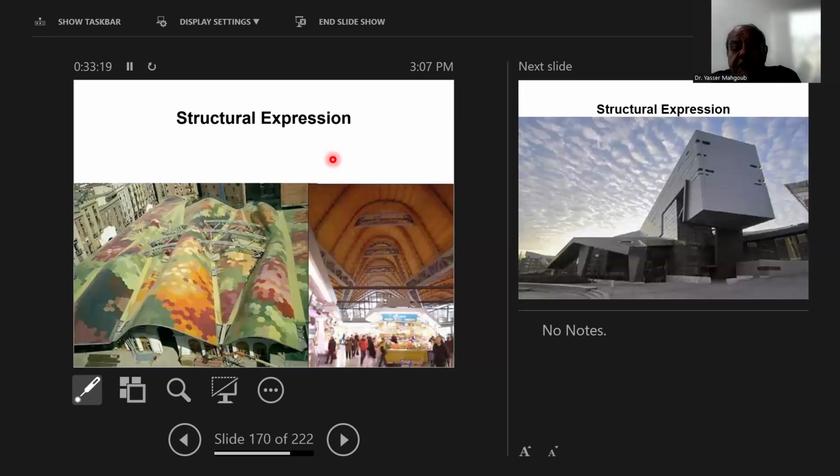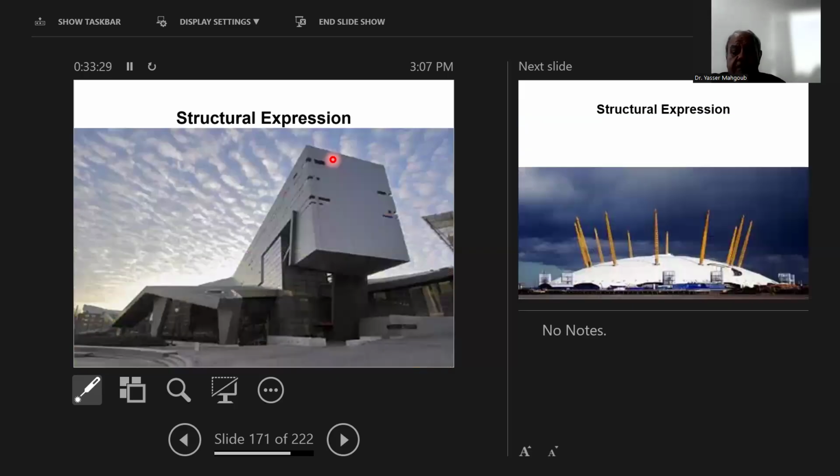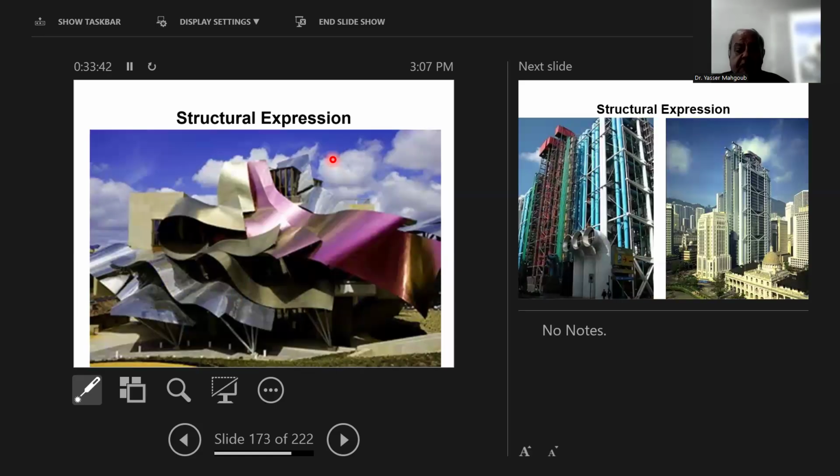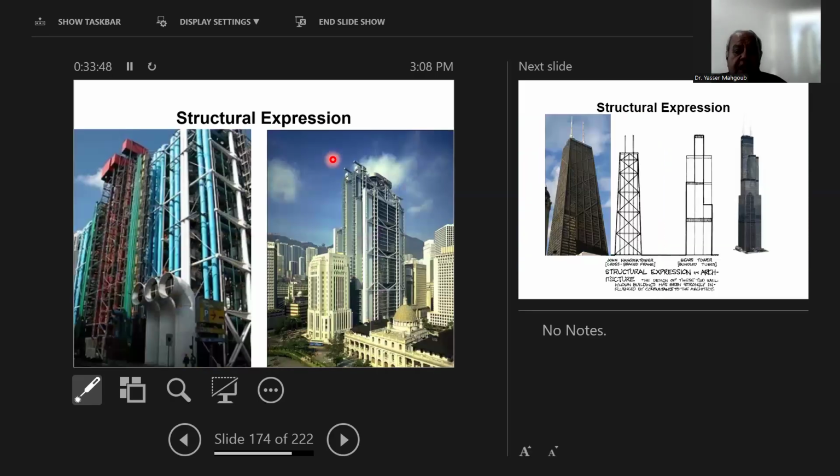So all these are examples of how structural systems are used. These are the shells that cover the space that you have. Large spans with big concrete. The dome suspended by the columns. Frank Gehry's work of multiple layers.